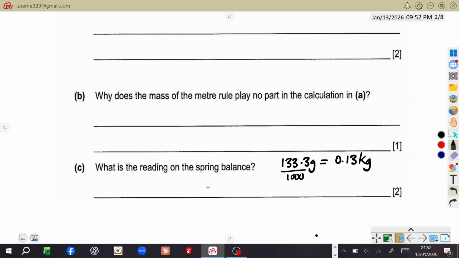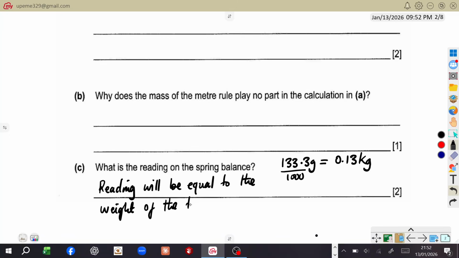Now the reading will be equal to the weight of the two objects.